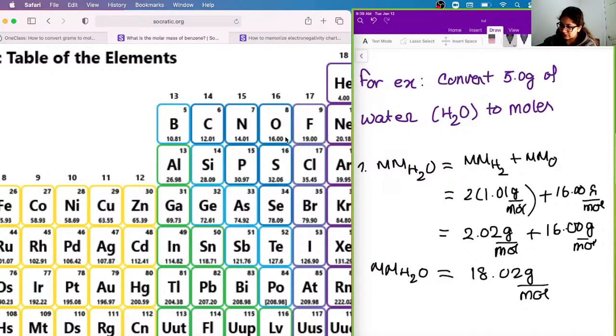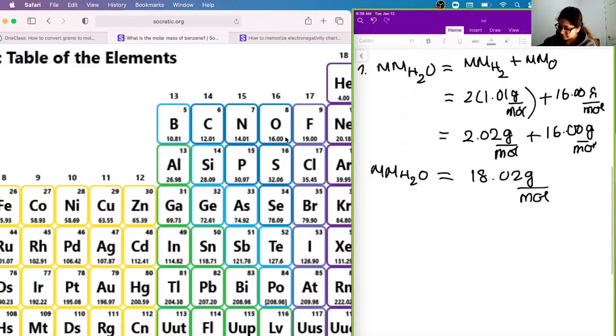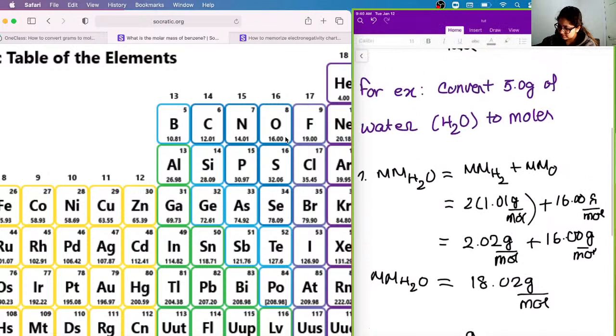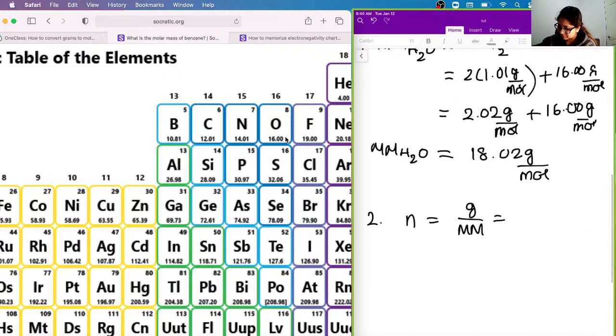Now you convert grams to moles. From our equation, we know that moles is equal to grams over molar mass. We said let's convert 5 grams of water to moles.